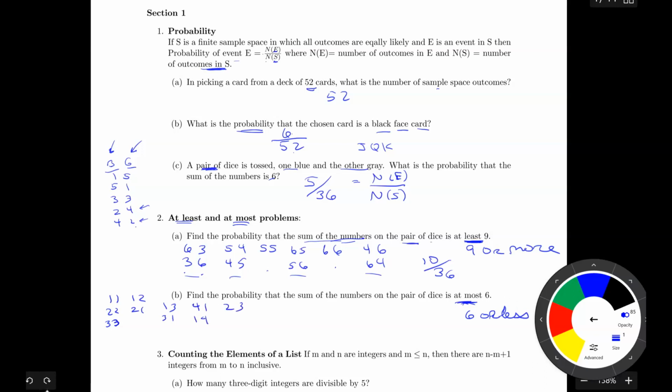And I could have a 5 as a 3 and a 2. And a sum of 6 I could get with a 4 and a 2 and a 2 and a 4. I already had the 3 and the 3. And I think that's it. Okay, so at most 6, how many does this give me? 2, 4, 6, 8, 10, and this gives me 11, 13 out of the 36 possible.